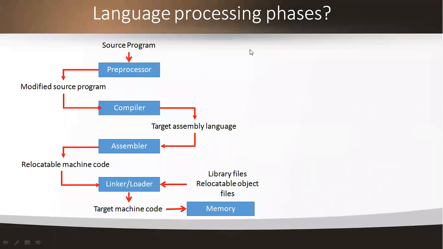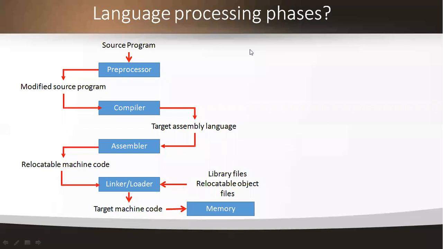And again, that output is taken as an input to the next phase, which performs some operations and generates an output. Finally, after the completion of all the four phases included in this system, one is the preprocessor, compiler, assembler, linker or loader, after performing the operations of the linker or loader, we finally get an output in the form of object code.